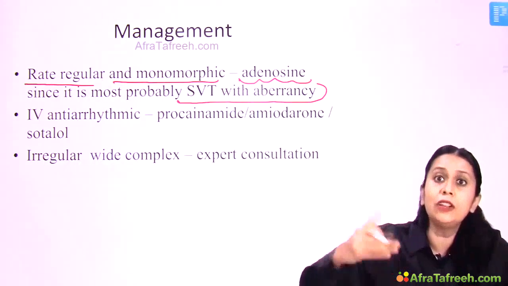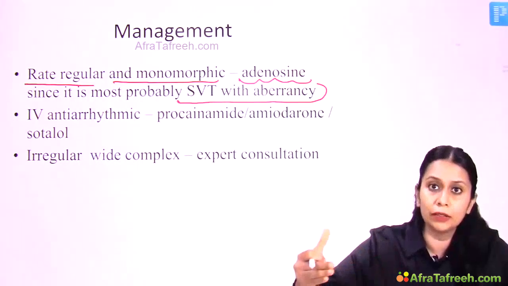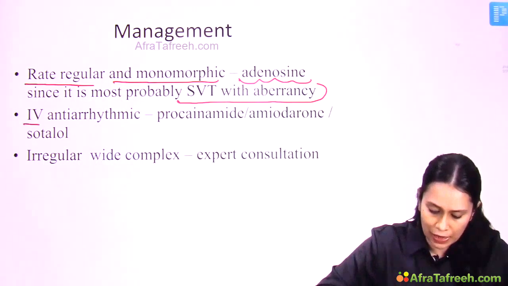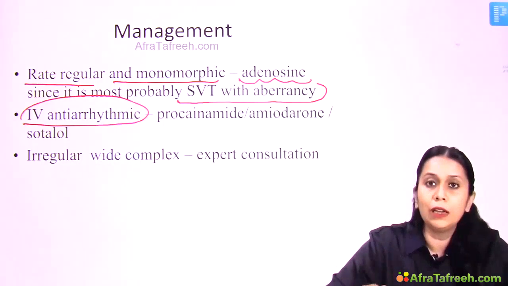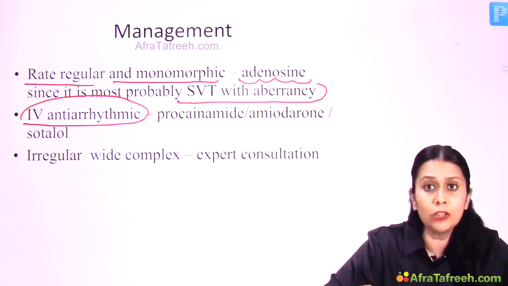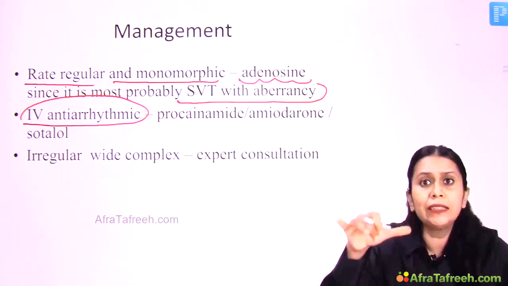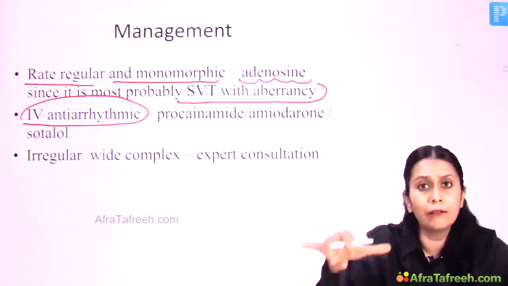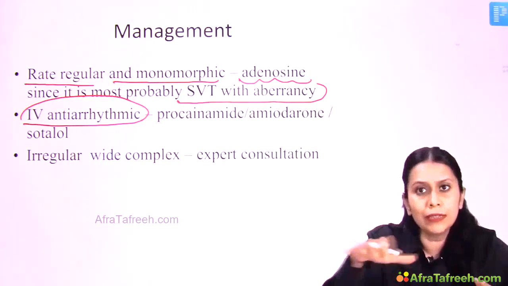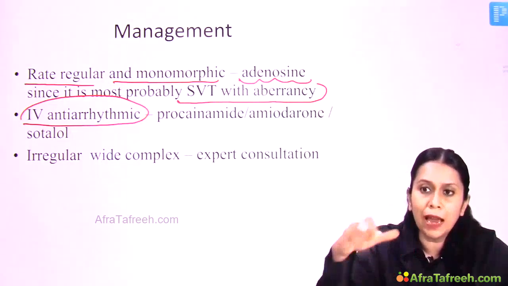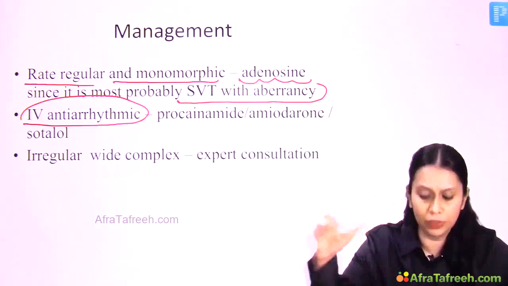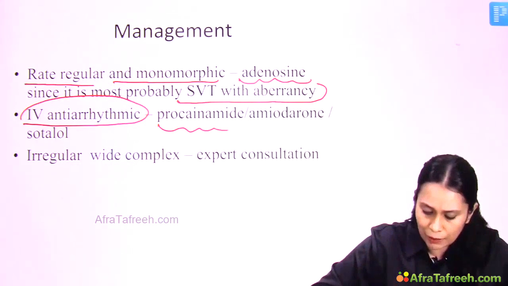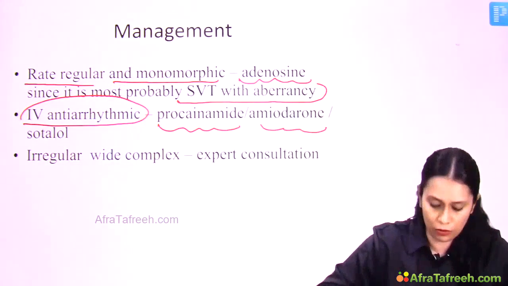If I am not able to make out the morphology of the QRS complex, or the rate is also not clear to me, regular or irregular, we always go for an antiarrhythmic. Three important antiarrhythmics: the non-specific antiarrhythmics, which decrease the automaticity of the ventricles and decrease impulse generation. The 3 important drugs: procainamide, amiodarone and sotalol, right?